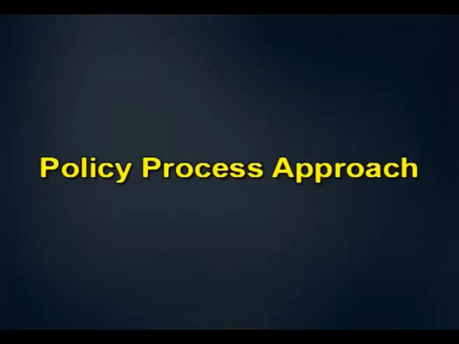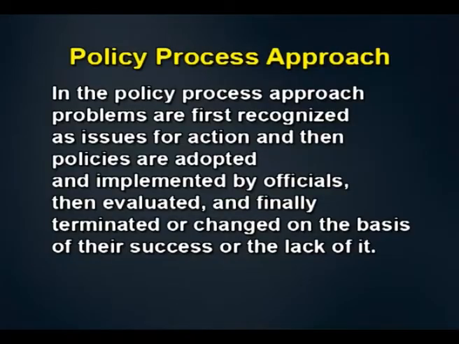Next, policy process approach. The most commonly adopted approach is to identify stages in the policy process and then to analyze the determinants of each particular stage. In the policy process approach, problems are first recognized as issues for action, and then policies are adopted and implemented by officials, then evaluated and finally terminated or changed on the basis of their success or the lack of it.